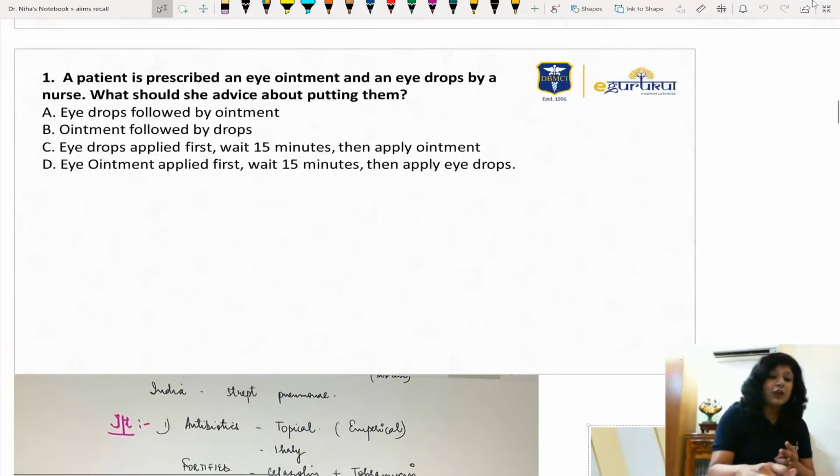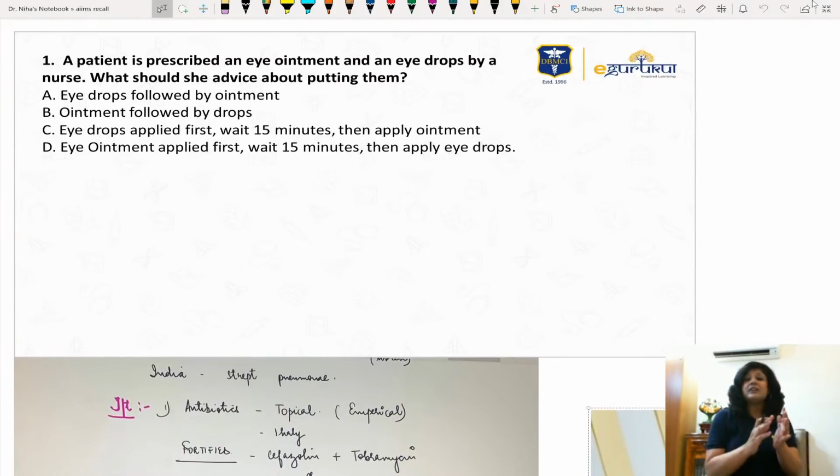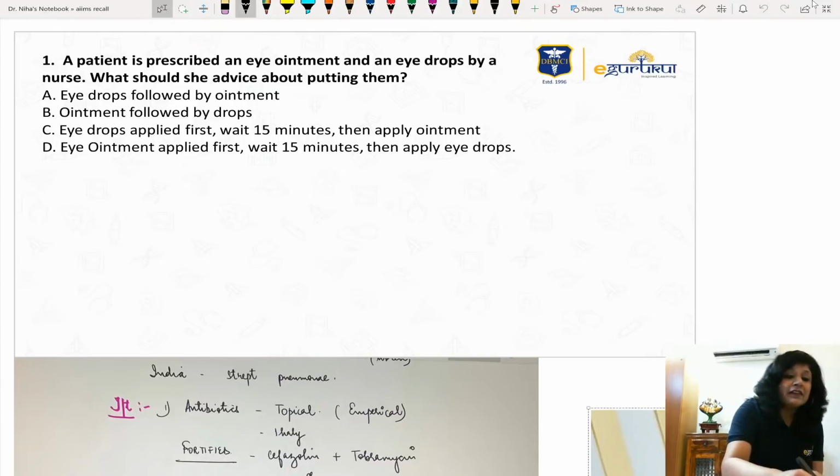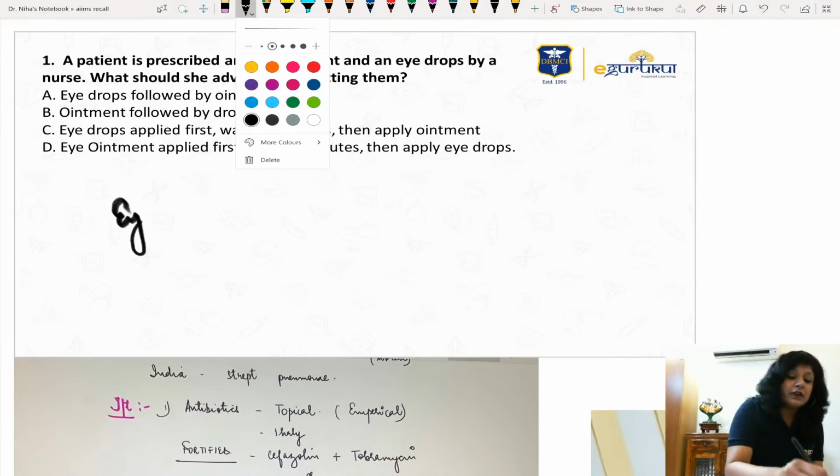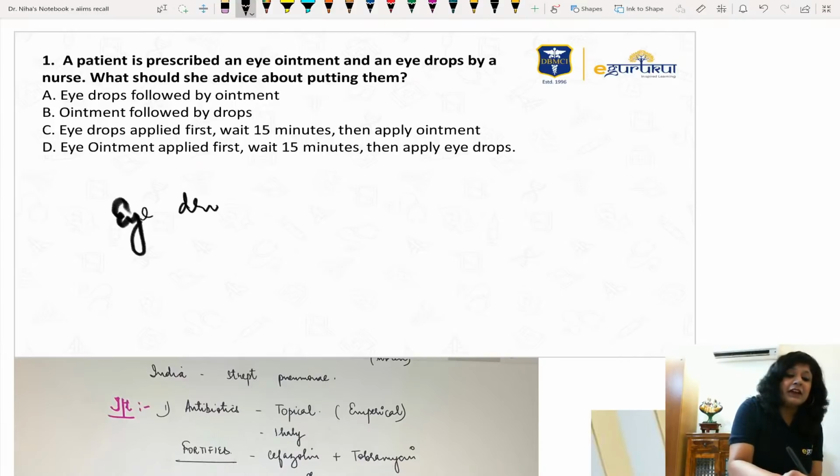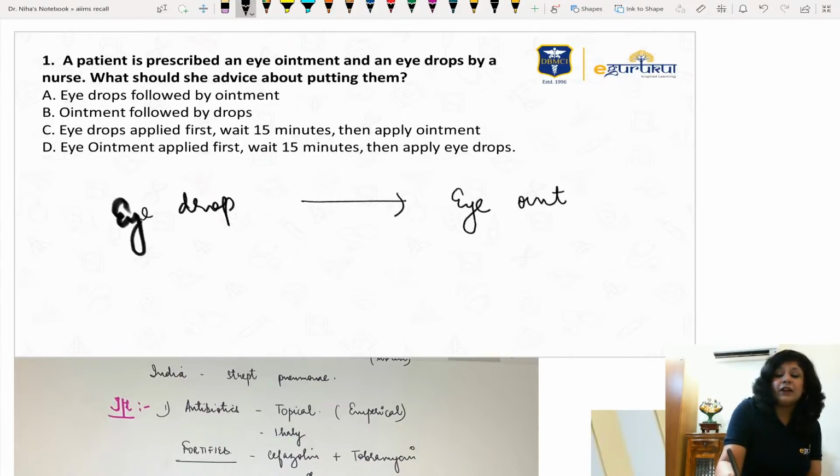Now one of the options asks whether it should be simultaneous, whether the eye drop should be first or the ointment should be first, what should be the order. So I will say that first I have to give the eye drop, and then I have to give the eye ointment.